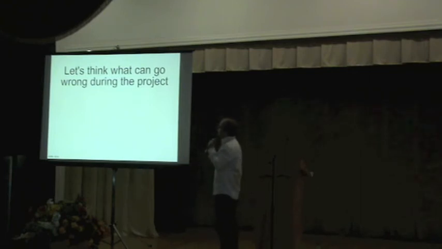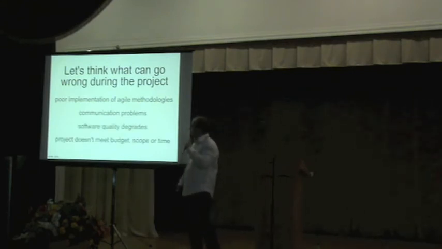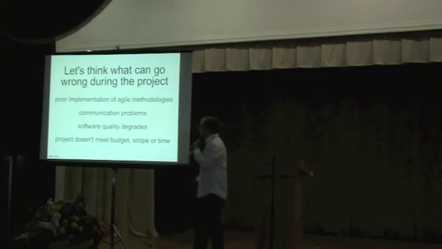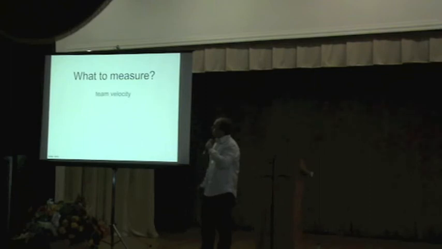Let's think what can go wrong during the project. That's obviously wrong implementation, communication problems, and software quality, which can get worse and worse over time. And obviously that's the worst thing for the clients, that we don't meet budget or scope or time. What to measure?